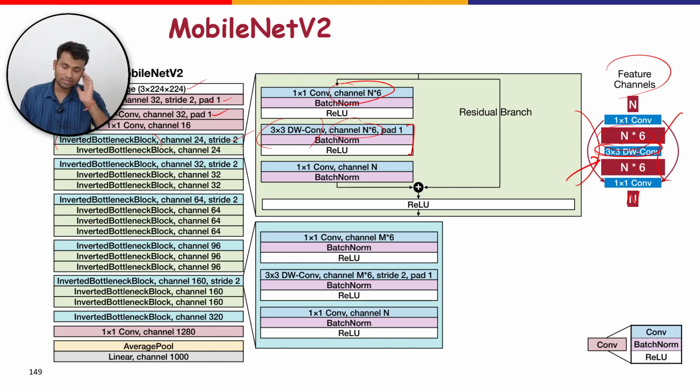It is named MobileNet V2 because the total number of computational operations it does is very few compared to what you would have done if you had just used a 3 cross 3 convolutional block. And this I am talking about on n. So therefore we increase the number of channels and then we apply the depth-wise convolution.